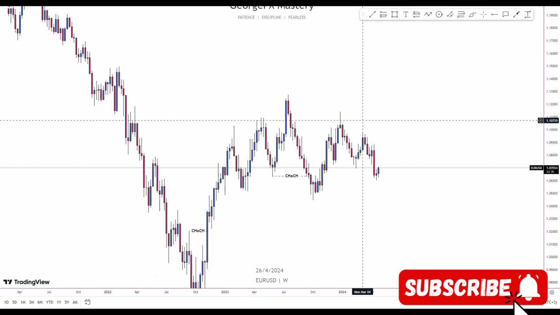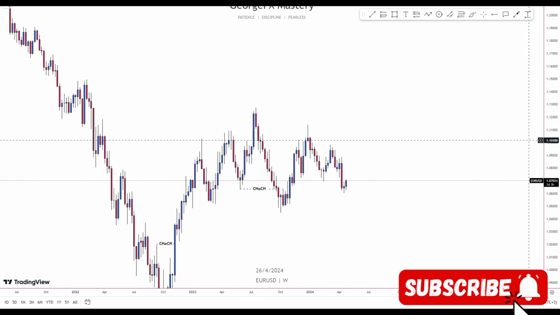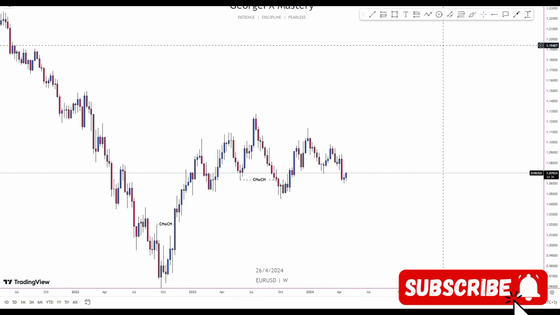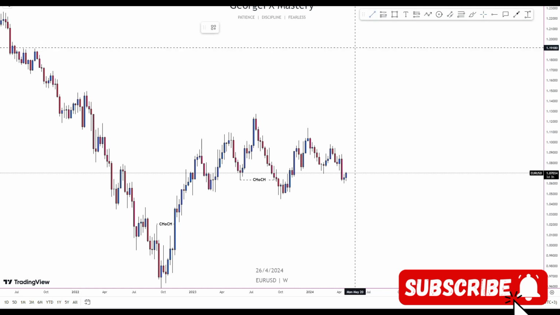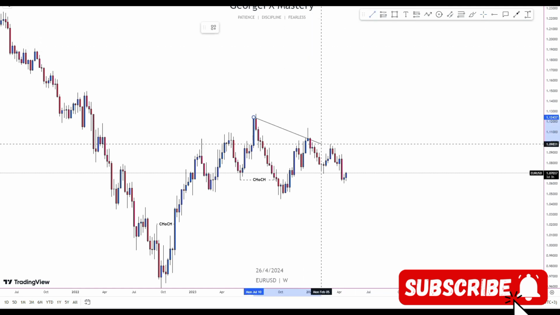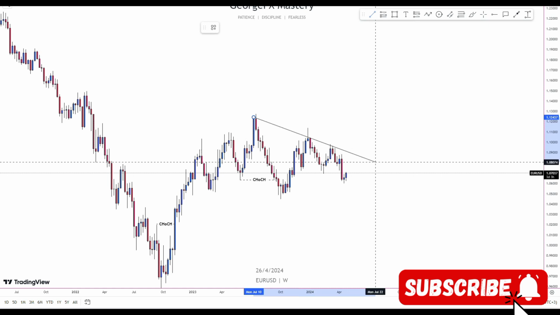One thing I always tell people, if you also use trend lines, it's not a very good thing to use it as a strategy. You use it as a confluence. So you can use this trend line, drawn from this high and going this way.